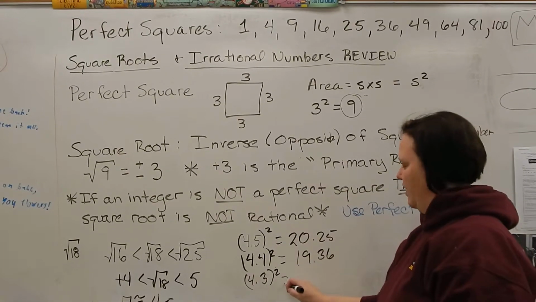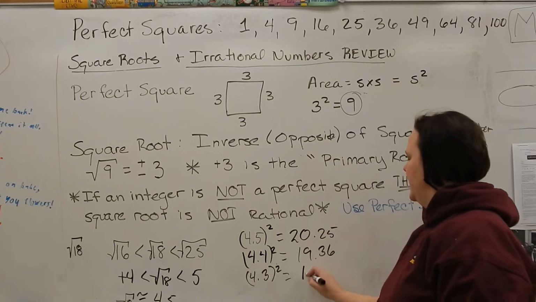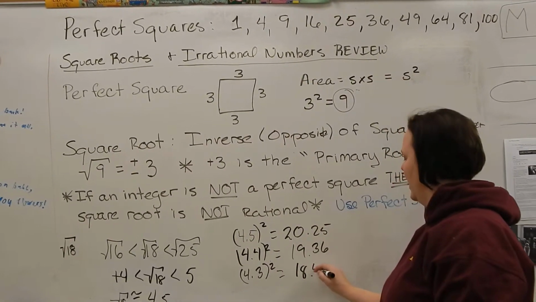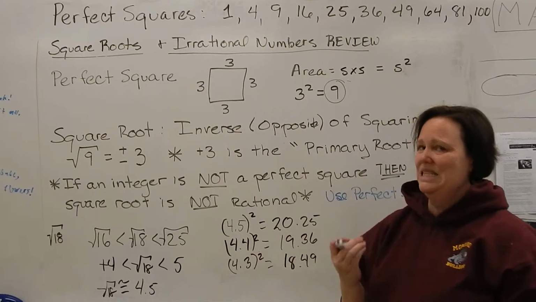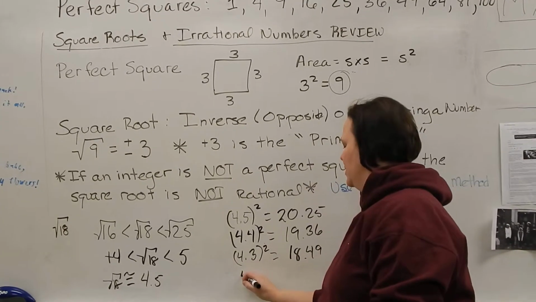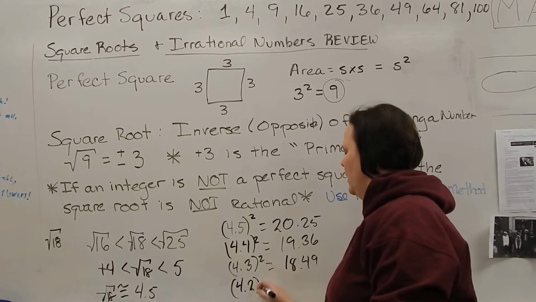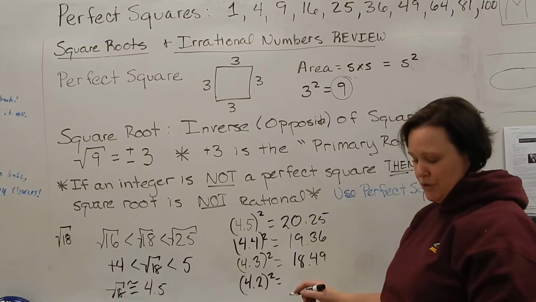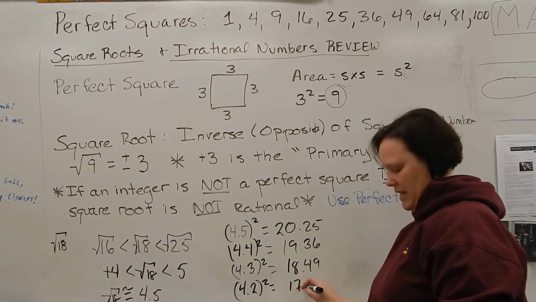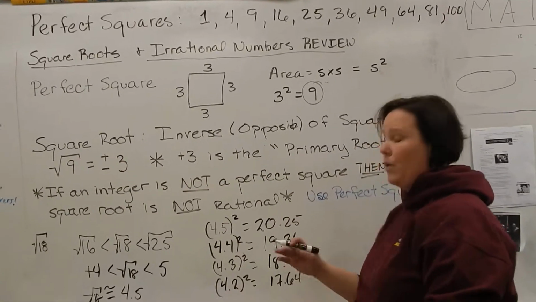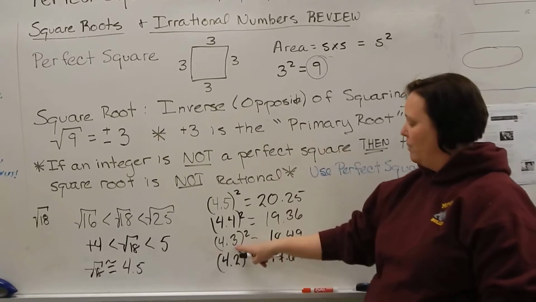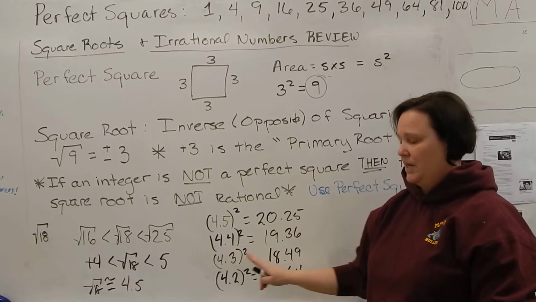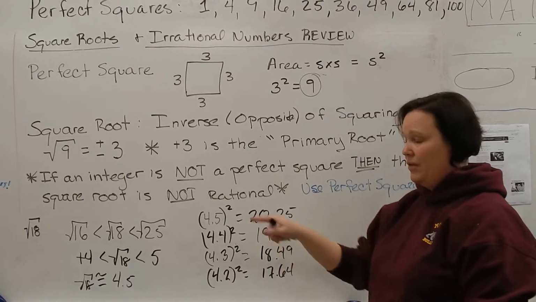So I'm going to step back again and say, well, maybe it's closer to 4.3. So when I square 4.3, then I get 18.49. Still slightly too big. So I step back one more time, and I get 4.2 squared, and that is 17.64. Okay, great. Now I know that 4.3 is a little bit too big because when I square it, my number is bigger than 18.